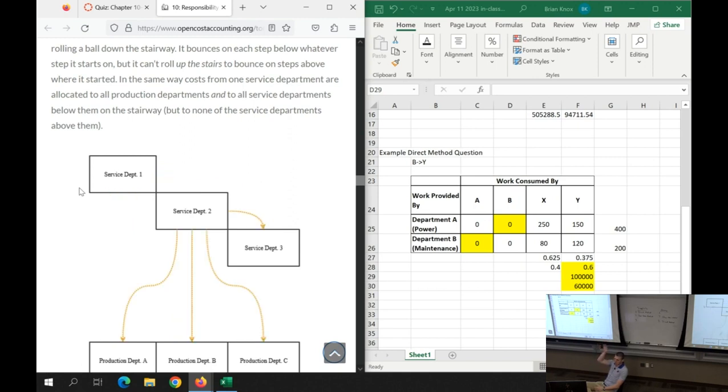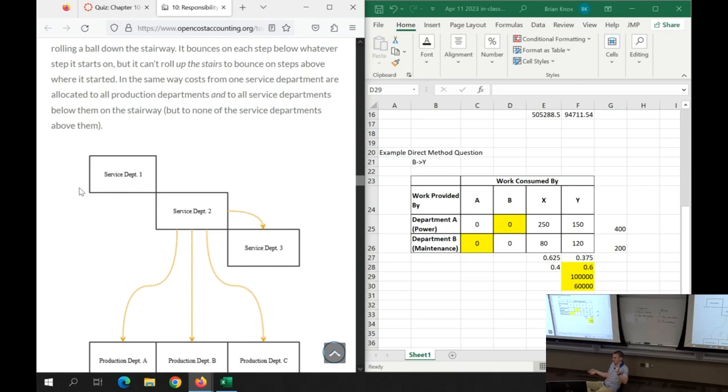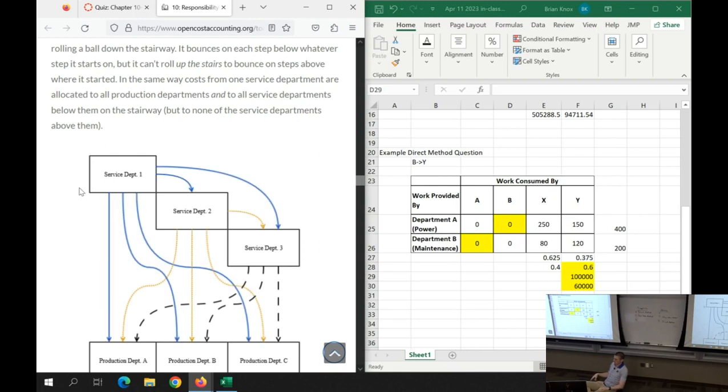And then you go one by one down till you get to the service department that serves the other service departments the least. And then you are really hitting the bulk of the interdependency. You're hitting as much as you can with a linear process that's going to go through each service department's allocation once and be done and have zeros in the balance for each of those service departments at the end of the day.